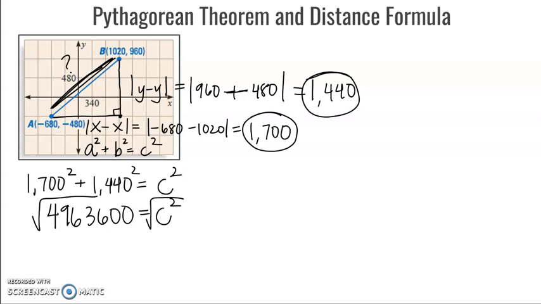Using our calculator, we find that this is approximately 2,227 units long. Now, the reason why I started with Pythagorean theorem is because the distance formula is derived from Pythagorean theorem.